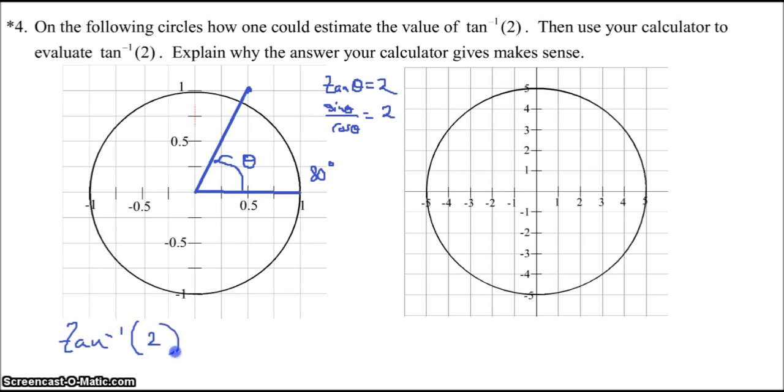Inverse tangent of 2. 1.1071 radians, and if we multiply that by 180 and divide by pi, we see that it's about 63 degrees. Okay, I was way off.